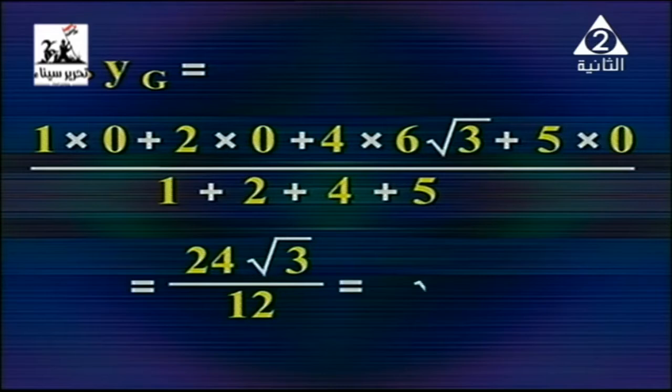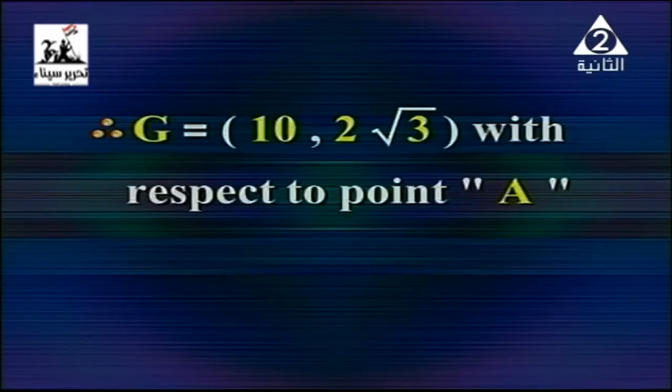Then YG equals 24√3 over 12, which equals 2√3 centimeters. So the center of gravity is point G at coordinates 10 and 2√3 with respect to point A. Remember, dear student, the center of gravity's symbol is G. G has coordinates x and y. X is 10, y is 2√3 with respect to point A.